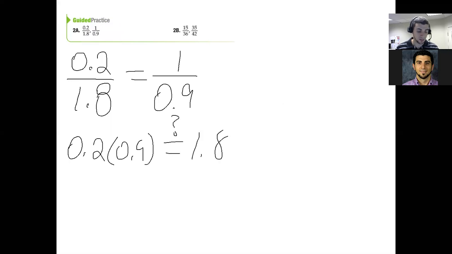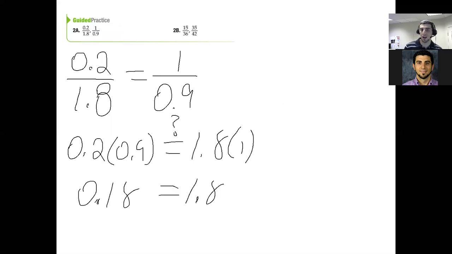Okay, so 0.2 times 0.9 is 0.18, and 1.8 times 1 is 1.8. Now, even though they have a 1 and an 8, the decimal's in a different spot, so they are not equal. So you do not have a proportion because the cross products are not equal.